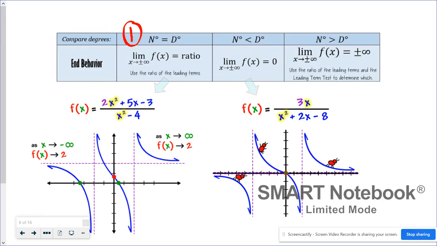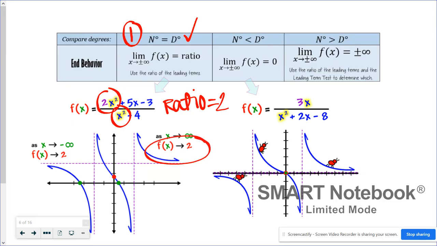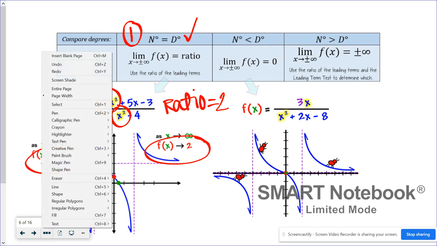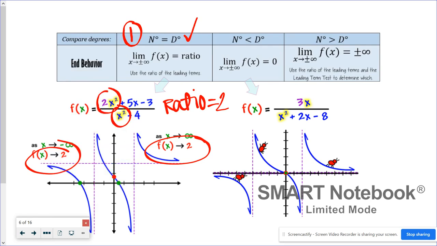F of x has a leading term of 2x squared on top, a leading term of x squared on the bottom. So the degrees are equal. And the ratio of those 2 terms is 2. And notice that's what the end behavior is. It's 2 on the right and it's 2 on the left. Okay, case number 2. In case number 2, the degree of the numerator is less than the degree of the denominator.